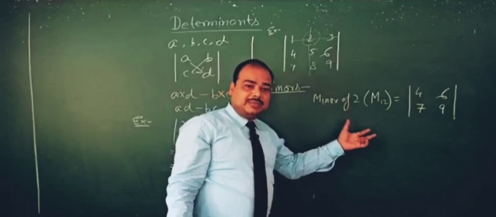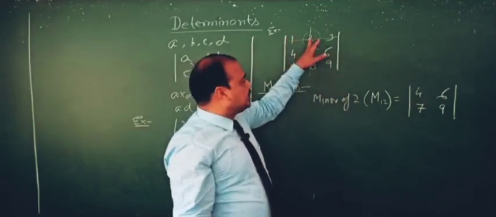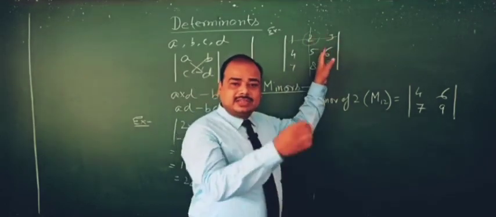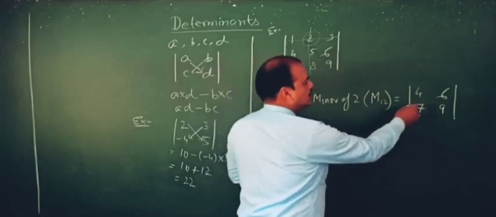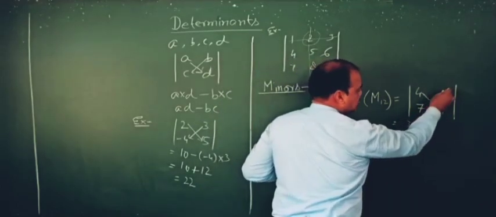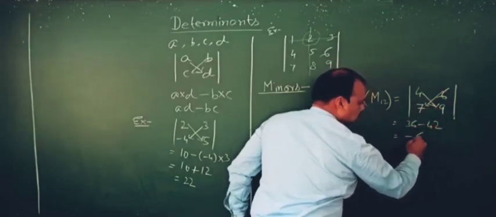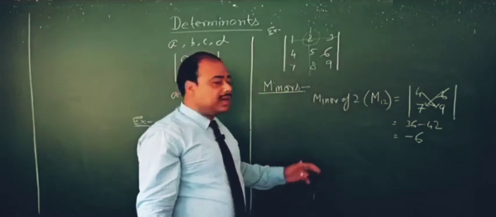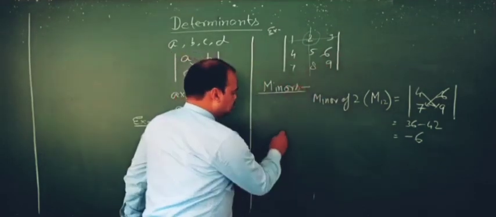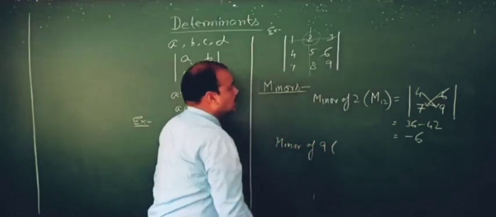Minor is the subdeterminant obtained after deleting the row and column in which the element lies. So 4 into 9 is 36 and 7 into 6 is 42, so equal to negative 6. Another example, minor of 9.